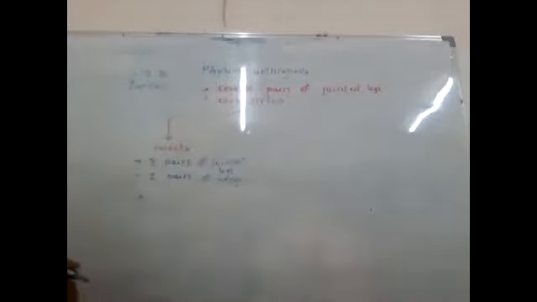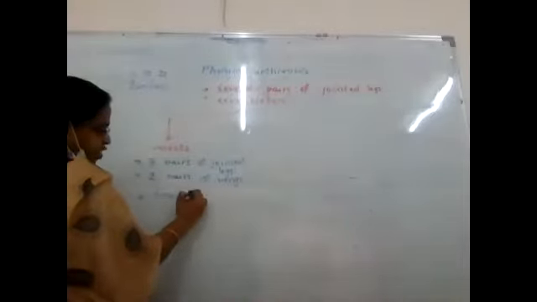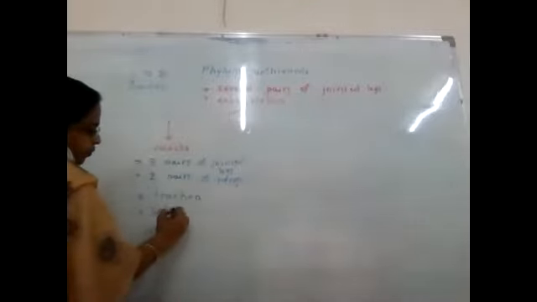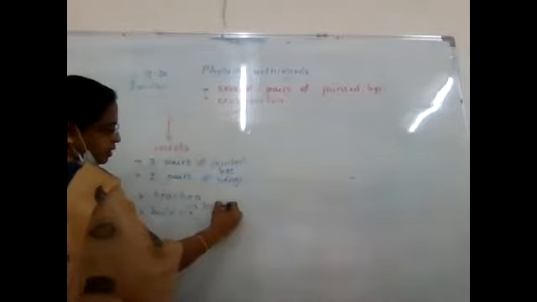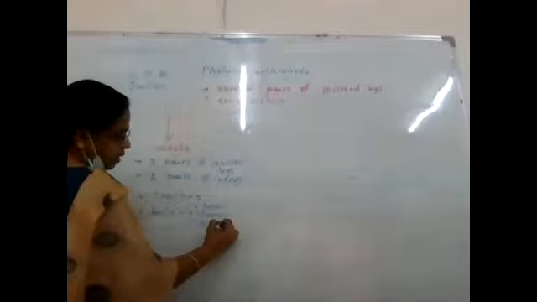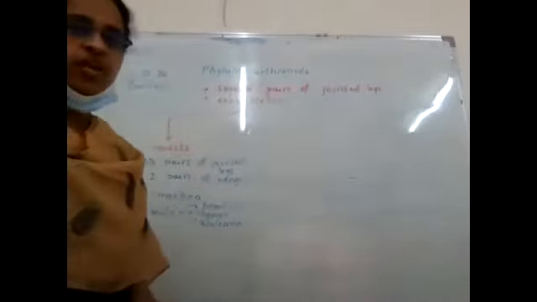And also, they have got trachea. I will explain each one. Trachea, and the body is divided into head, thorax, and abdomen. So, this all I have given in the notes.